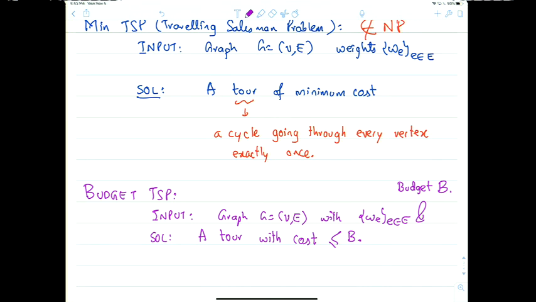Does that make sense? Because what do you do? Well, you can find the smallest tour, and then you can just check if it's smaller than your budget. If it is not, there is no other tour anyway. If it is, you output that. So if you can solve min TSP, you can immediately solve budget TSP.